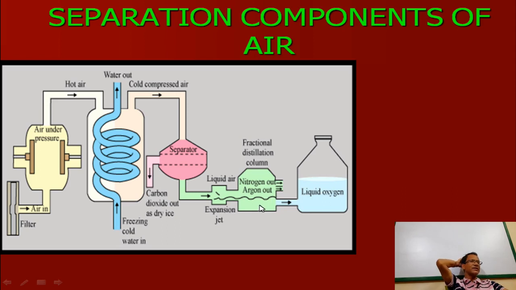The remaining last part, that is oxygen, will be separated at the bottom of the tower. So in this way we can separate different components from the air. The method is liquefaction. So this is the flow chart for the separation of different components of air. The method is called liquefaction, that is the condensation method.